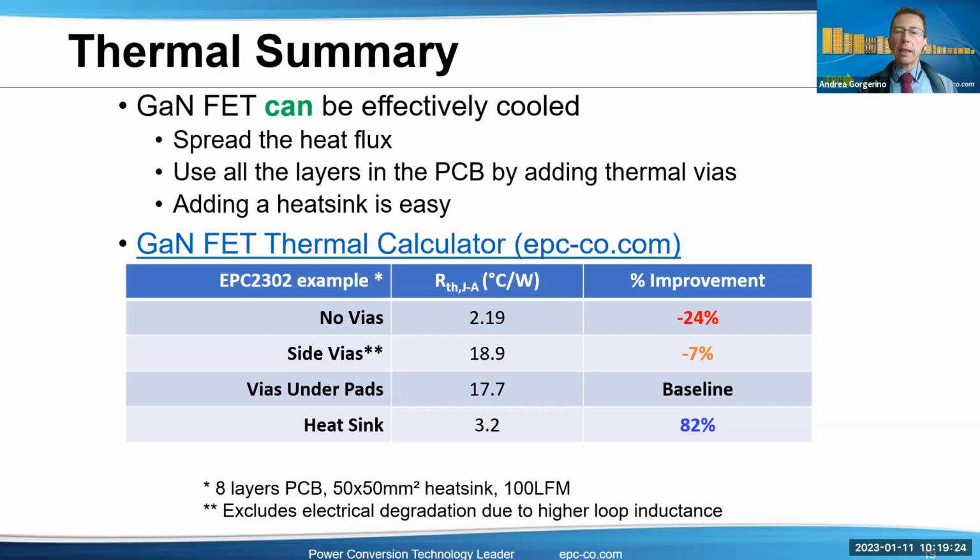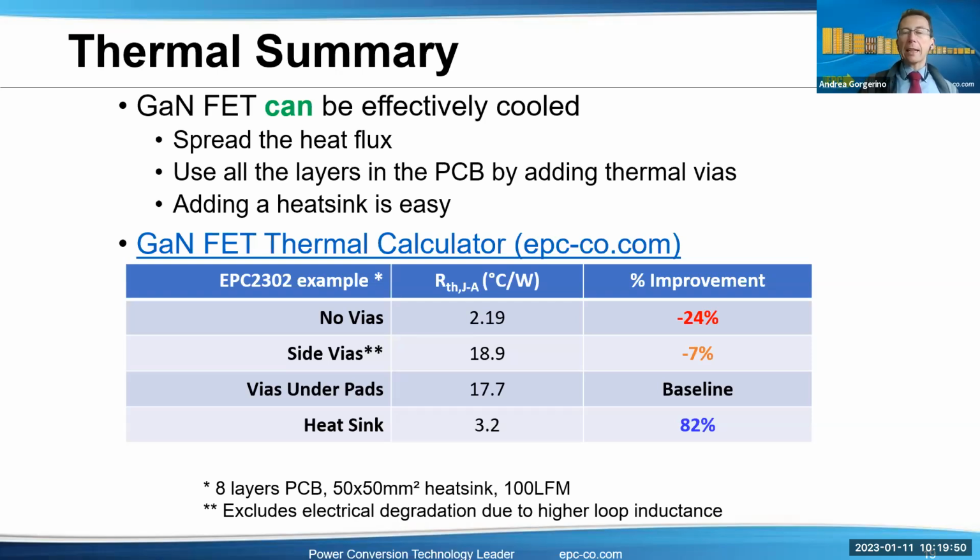So as a baseline, I've used the vias under pads. This is what we use on all of our reference designs. And you can see here, if you move those vias, for example, if you move the via from under the pad to outside of the package, you lose about 7%. If you remove the vias, you lose about 25%, or you increase the RTH by 25%.